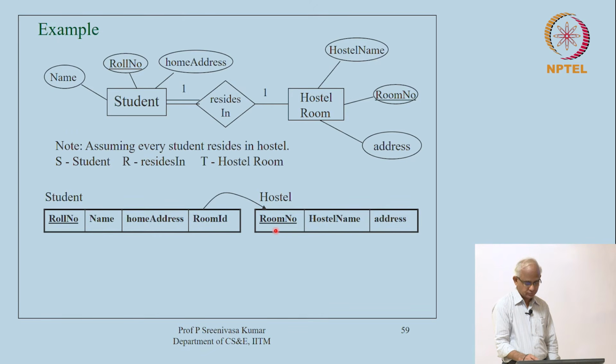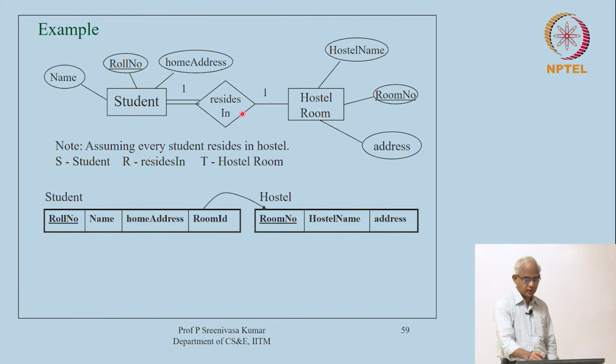Now, you might ask why we do not do it the other way around. Why do not we include the roll number in the hostel table, saying that this particular hostel room is assigned to so and so student? In this case, we could even do that.